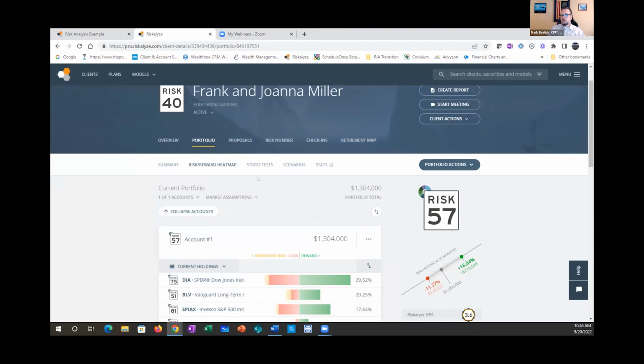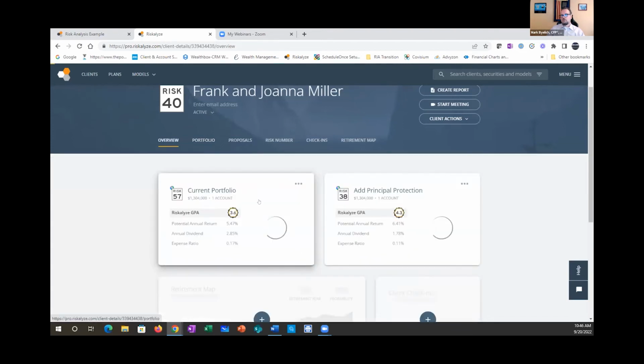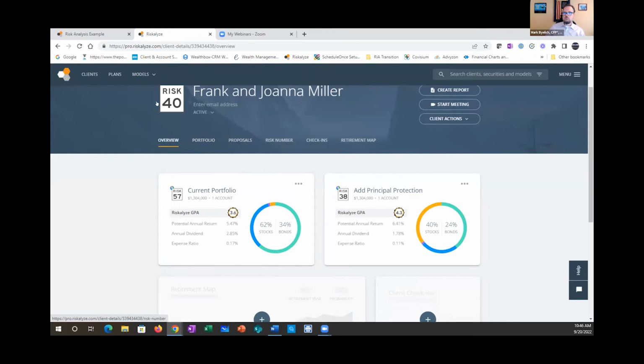And then if we look at the overview here, I thought this was really interesting, and this is part of what we built out for the financial plan. So remember, their risk was at a 40. They came in at a 57. If we just added principal protection, in this case a fixed indexed annuity, no cost, just that allocation of 1/3 to principal protection, it drops them all the way down to a 38, well below where they are.